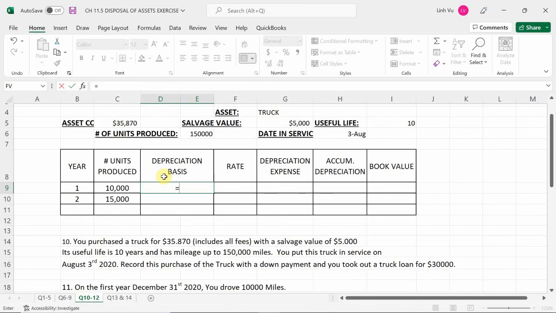Will you take the 10,000 from the 150,000? We're not dealing with the number of units that we are driving. We're solving for the depreciation basis right now.